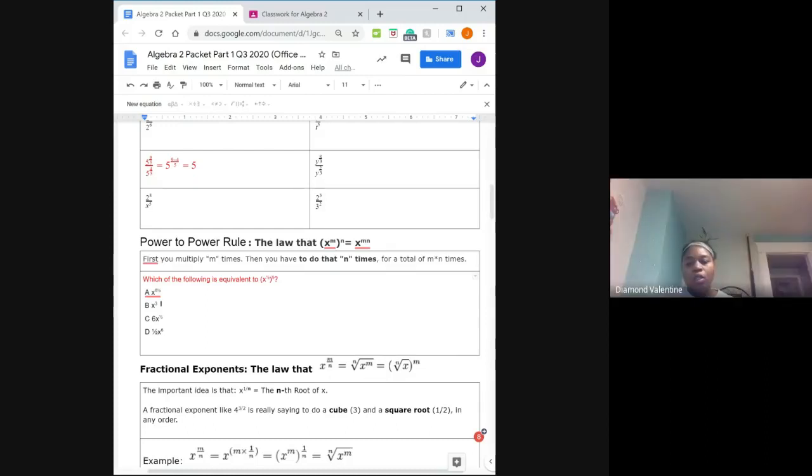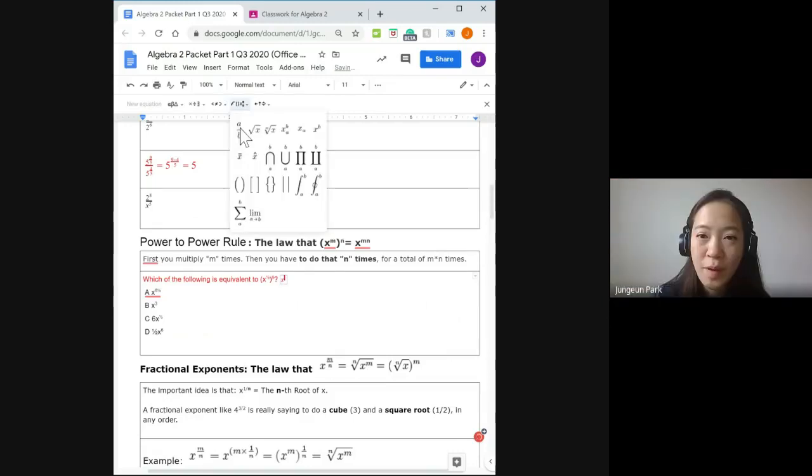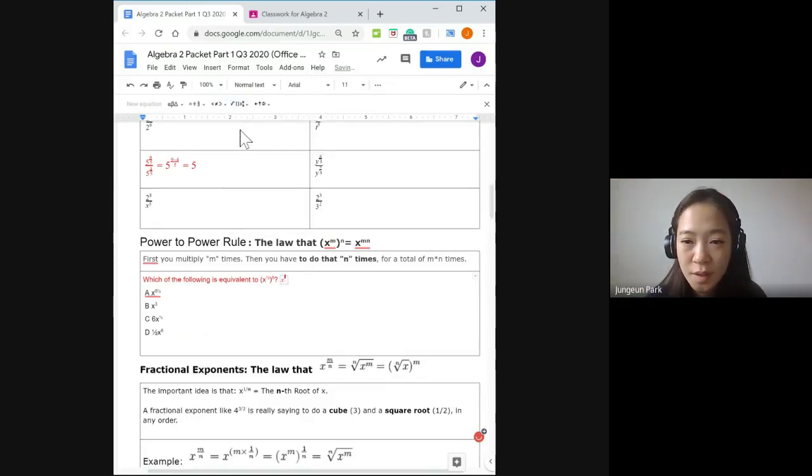Wouldn't you multiply the exponents, so you have 1/2 times 6/1, which will give you 6/2, and then you simplify that. That will give you 3. So your answer would be x to the 3rd power. Perfect. Very good.